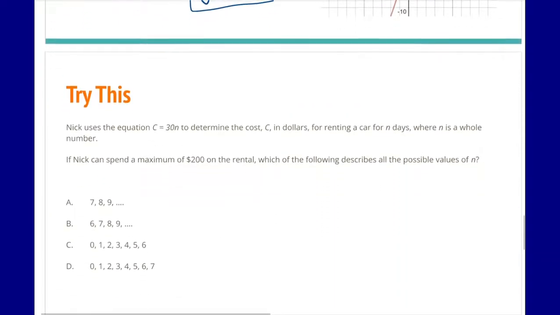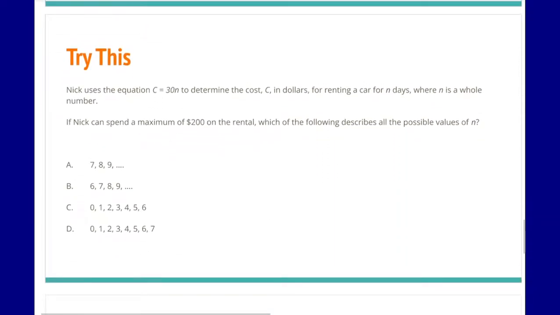So just 2 different questions, just to kind of get you thinking. So different things. Still looking at linear relationships, doesn't necessarily focus on the 2-point problem in this case. Nick uses the equation C equals 30n to determine the cost C in dollars for renting a car for n days, where n is a whole number.